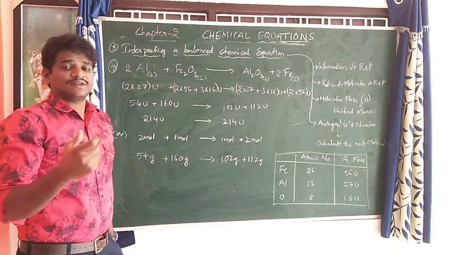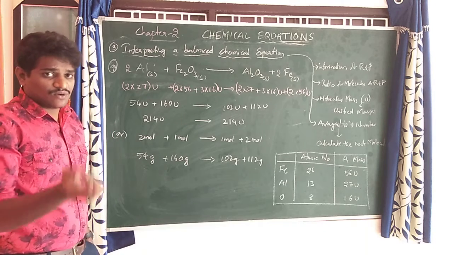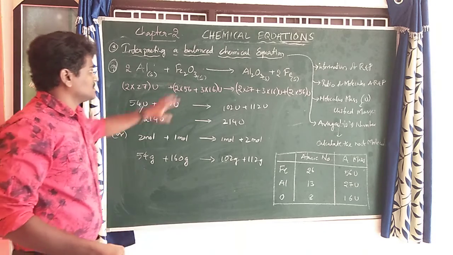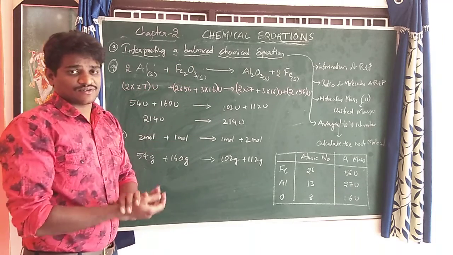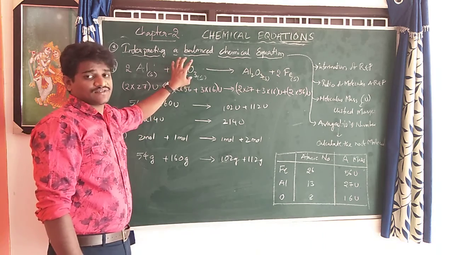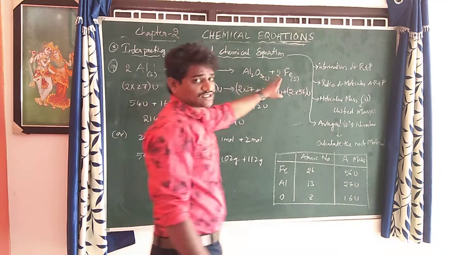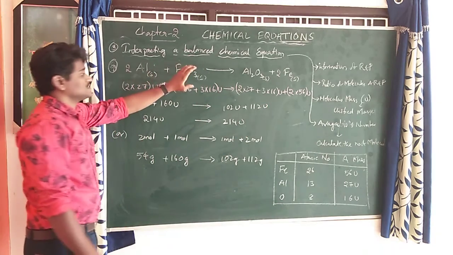Iron ores and aluminium ores are present in various parts of our country, so we can extract those ores. Frequently we find ferric oxide ores. From this ore we can get pure iron by using this equation.